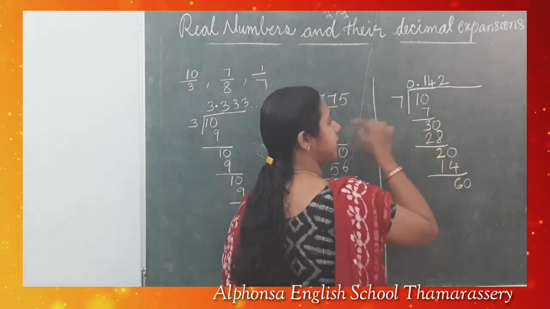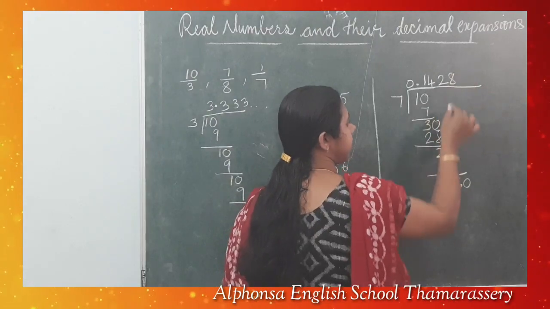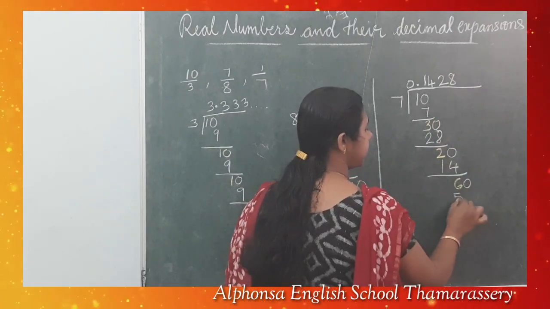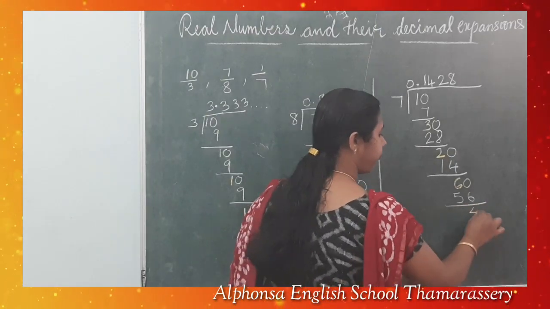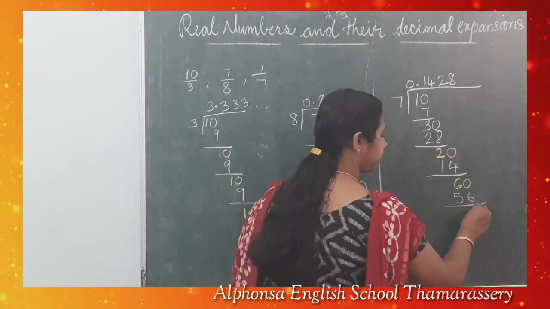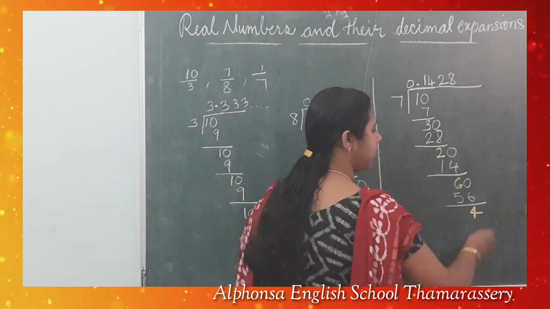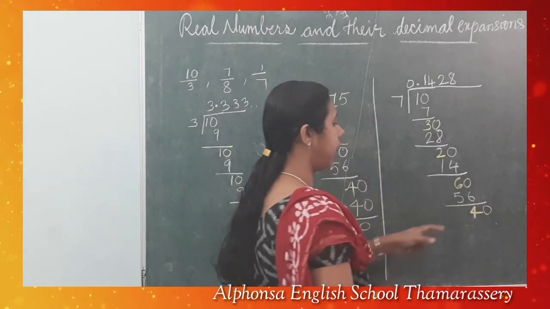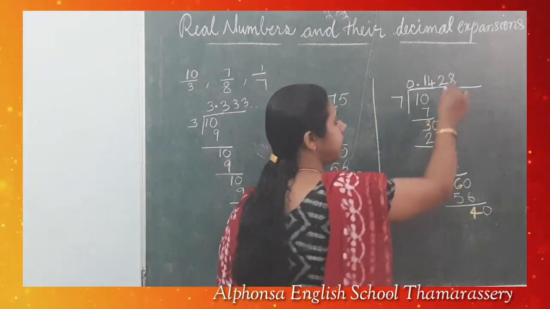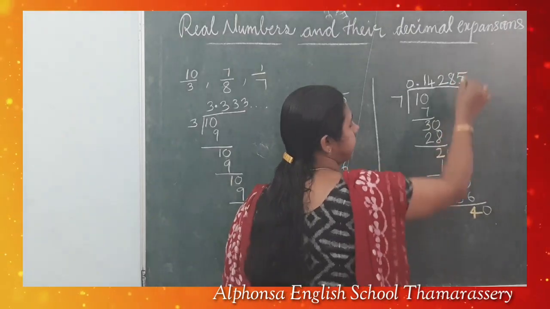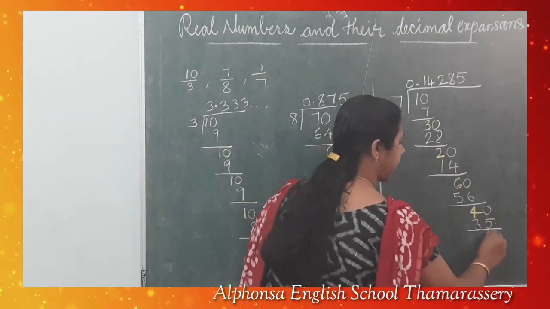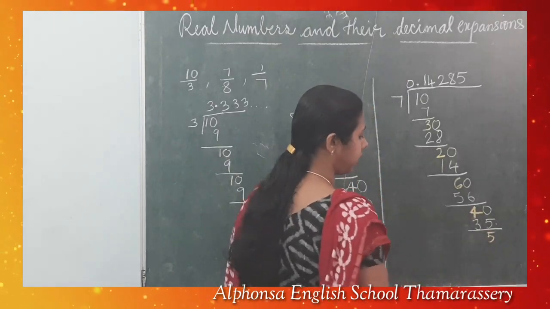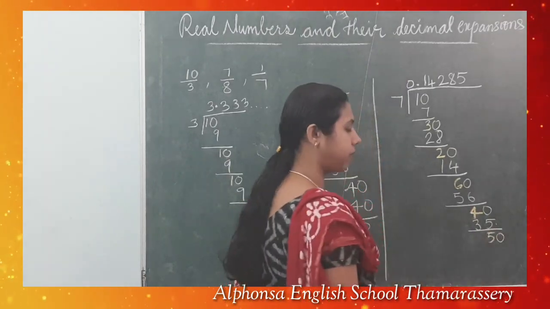In 60, how many sevens are there? 8 sevens are 56. Remainder 4. Now it is 40. In 40, how many sevens are there? 5 sevens are 35. Remainder 5. Again, you can continue the division process. Now it is 50.